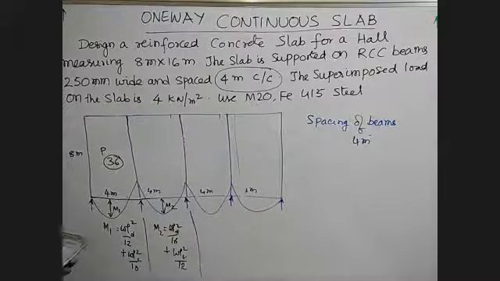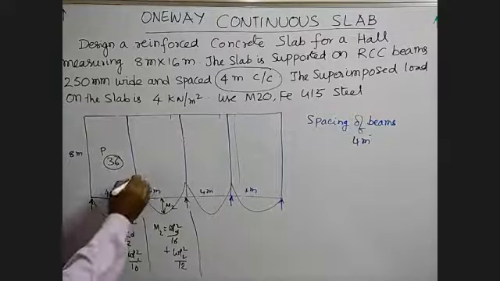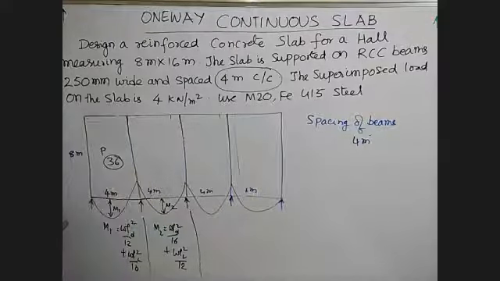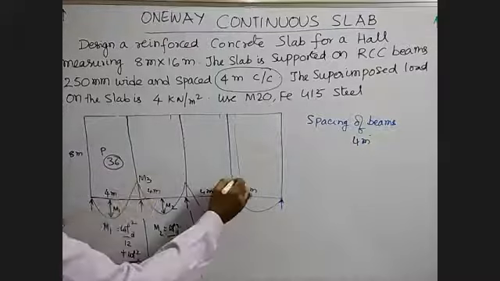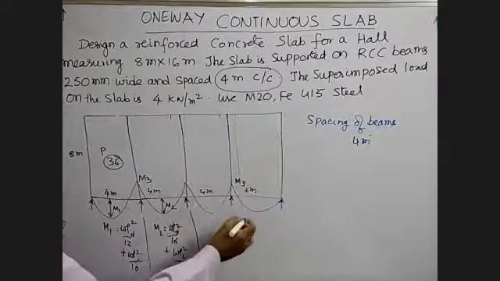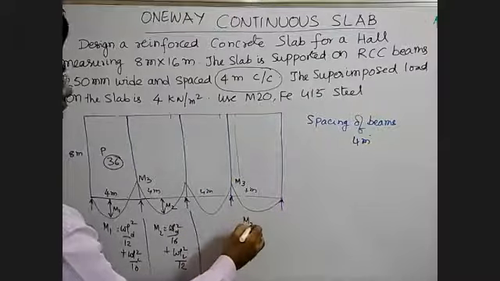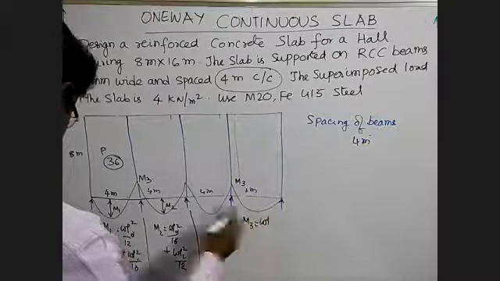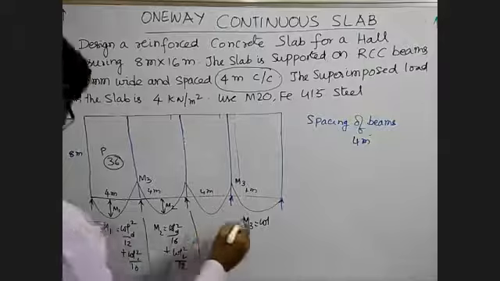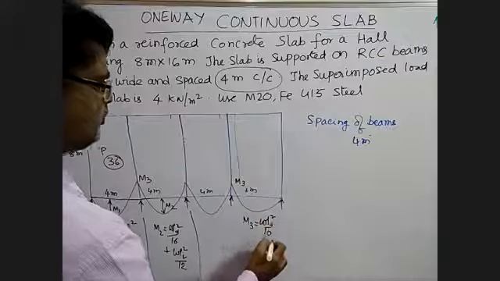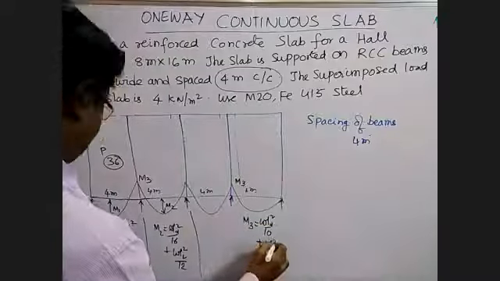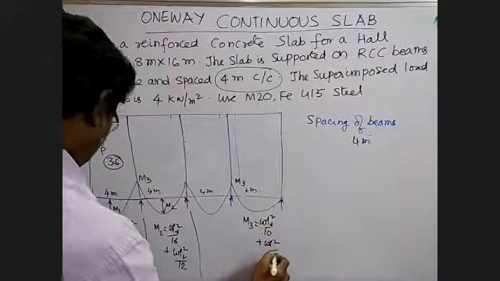This is M2. And here, this we call it as M3. This is also M3. Now, the M3 value here is WL square by 10 plus WL square by 9.